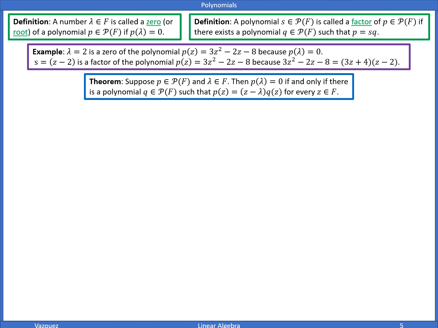Now, we present a theorem. This is a quite important theorem because it's going to help us with the next theorems. So, suppose P is a polynomial and lambda is a number.